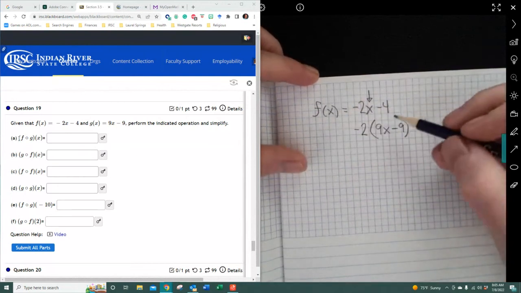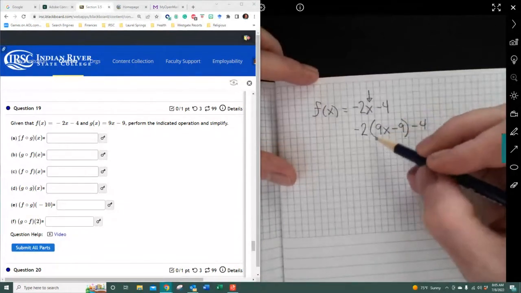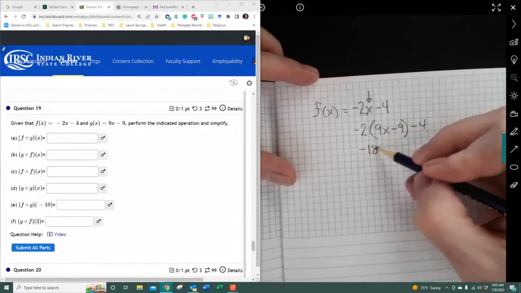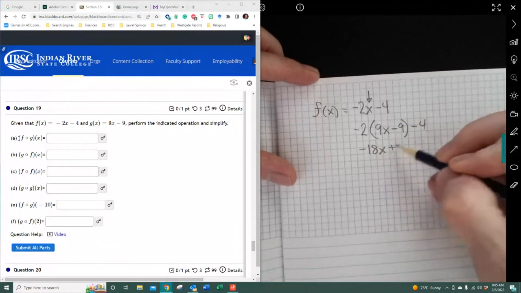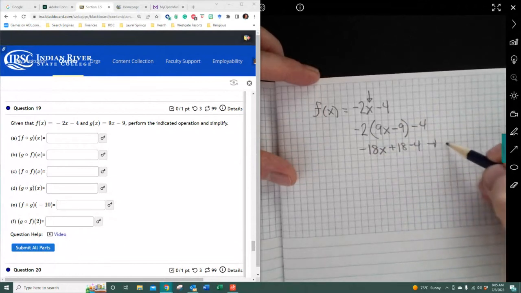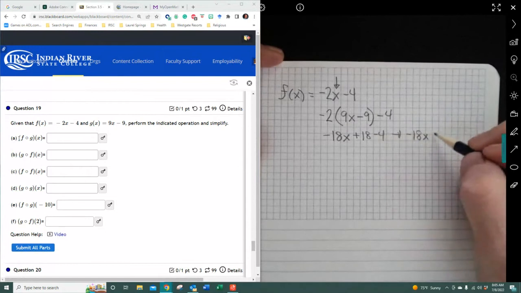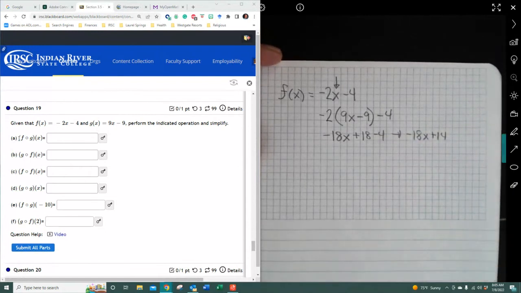Wherever there's a variable, I replace it with the other function. Now I just do the distributive property and combine like terms. So it's negative 18x, and these come together as positive 14, and that would be our answer.